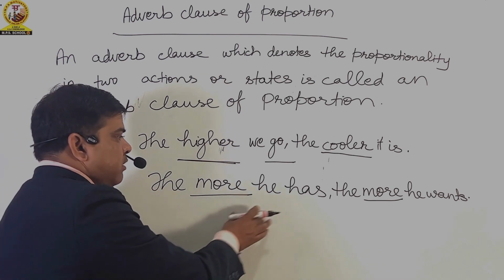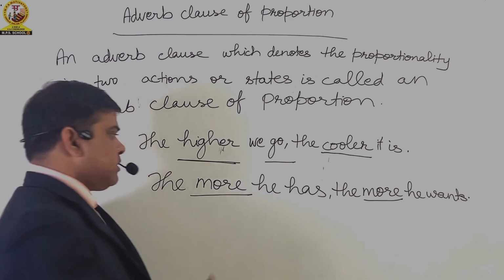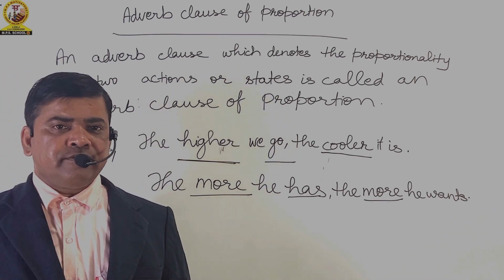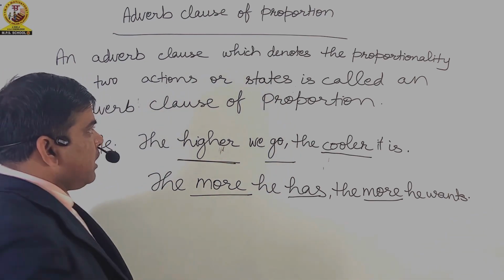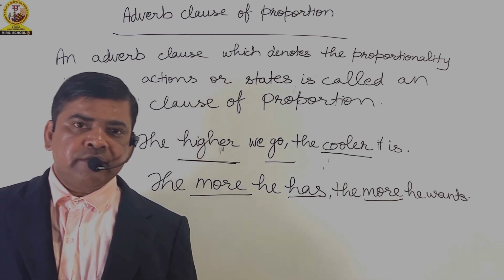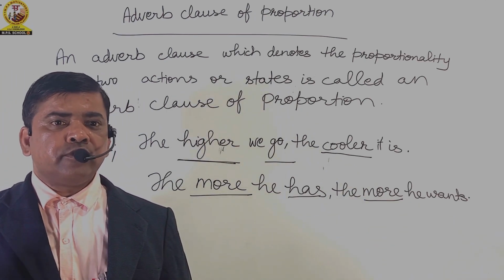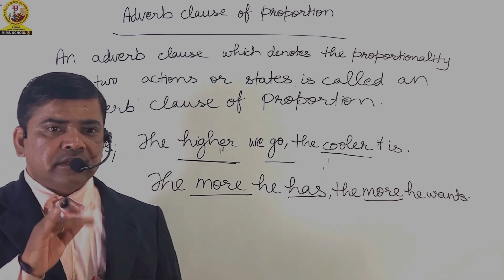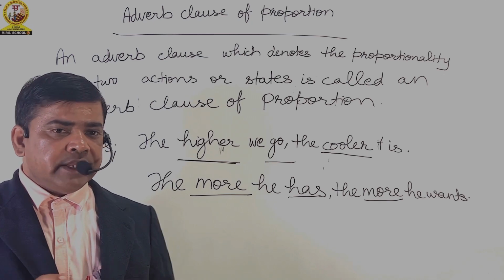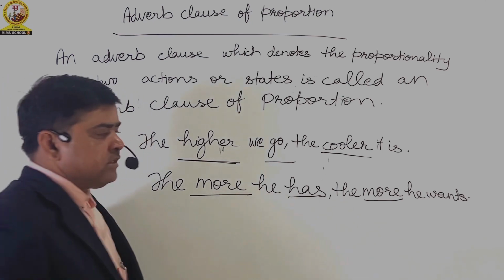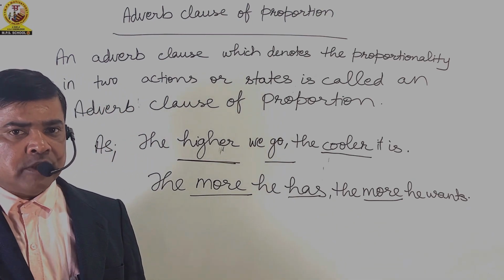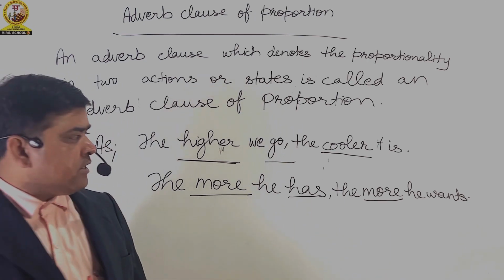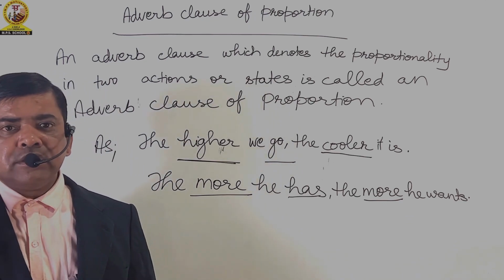In the first part of the sentence, the verb is has, and here has denotes the possession of the subject. So here in the definition of adverb clause of proportion, we can also put possession after the states, actions. Actually, in some sentences, including adverb clause of proportion, the first part may be denoting possession and the second part may be denoting action.